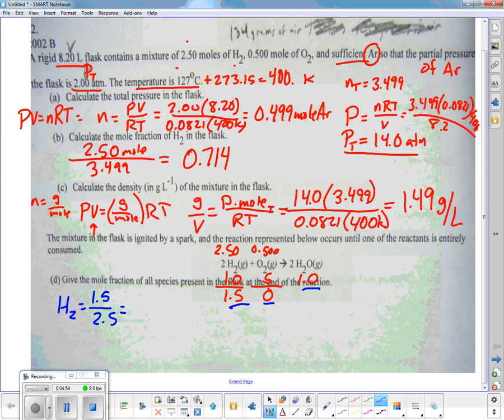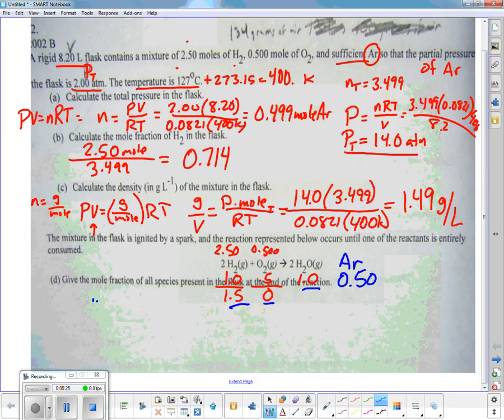It doesn't tell me anything about the argon. Let's see. Of all species in the flask, yes, argon is still there. So, oops, let's erase this. We've got argon, I got to put it back in, 0.499. It doesn't react. So basically it's 0.5, right? Because we have 2 sig figs there after the decimal.